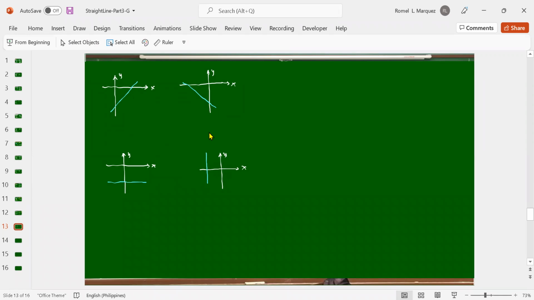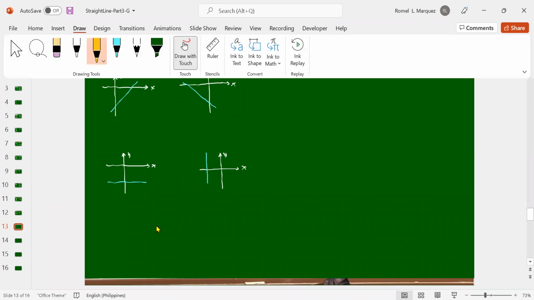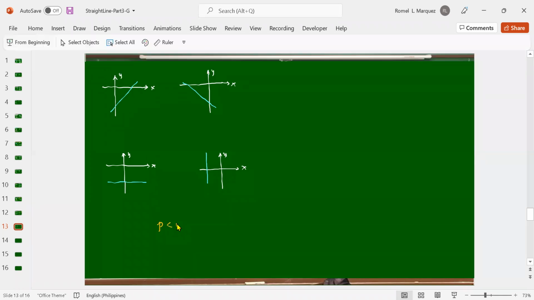So if these are our lines, P is negative. Okay? So this is the P. You have to extend in order to get the beta, because beta is angle of inclination in our definition. So you extend. So this is the beta. Beta here is acute.